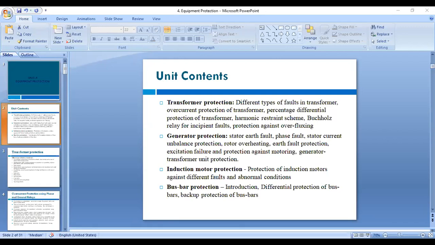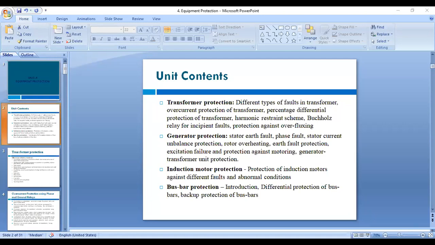So these are some types of the faults occurring in the transformer. Winding faults means if the insulation is weak, or if there is any breakdown in the insulation, then open circuits of the phases. Then external faults means the mechanical faults, right?